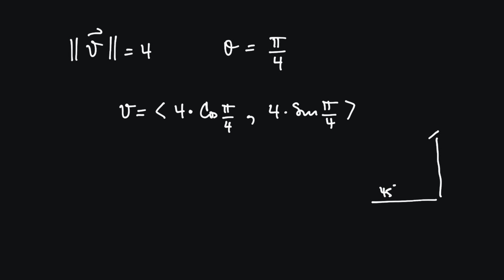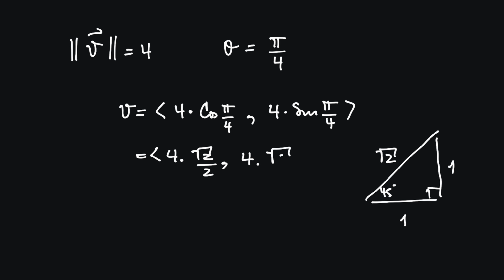And we have a special triangle in which these sides are 1s and the hypotenuse is square root of 2. So cosine will be 1 over square root of 2, that is square root of 2 over 2. So 4 times square root of 2 over 2. And sine of pi over 4 will be opposite over hypotenuse, 1 over square root of 2.